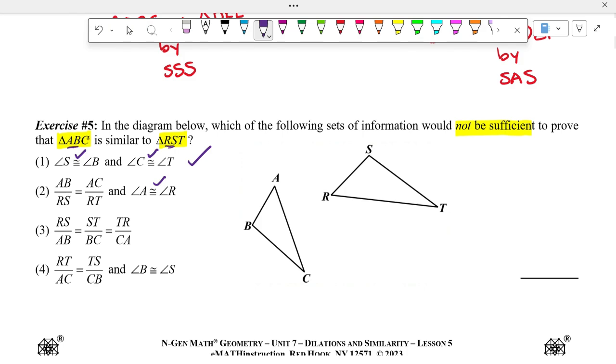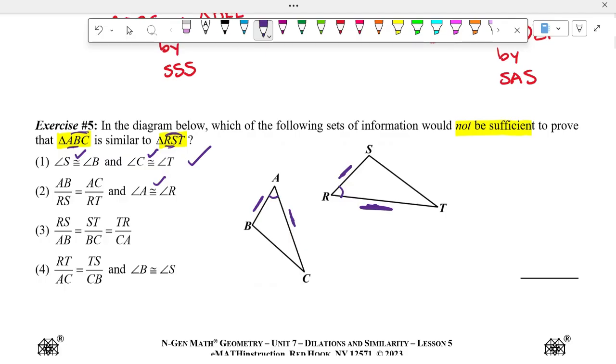Yes, because if you say this backwards, A and C would go together, R and T would go together. Now, to double check, I'm going to actually put where those labelings are. So A is here, R is here, and then they also said AB, so this side, AC this side, RS this side, RT this side.